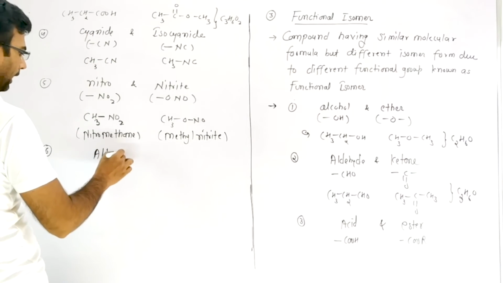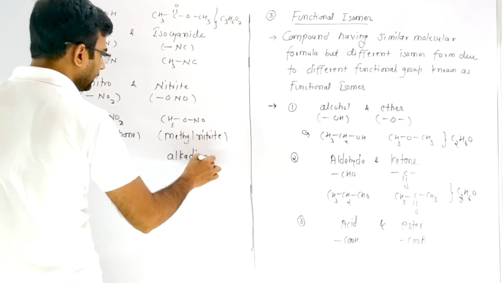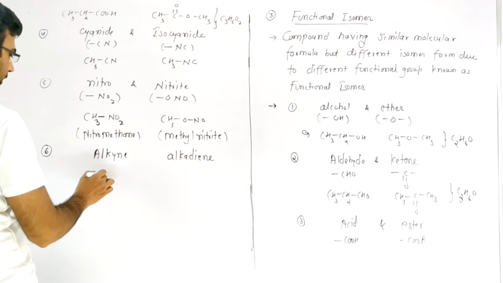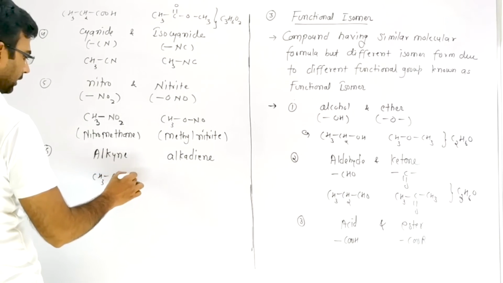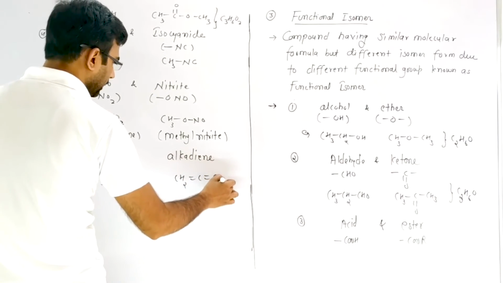Similarly, we have alkyne and alkadiene. We have the formula CH3C≡CH, and similarly we also represent it by an allene molecule.